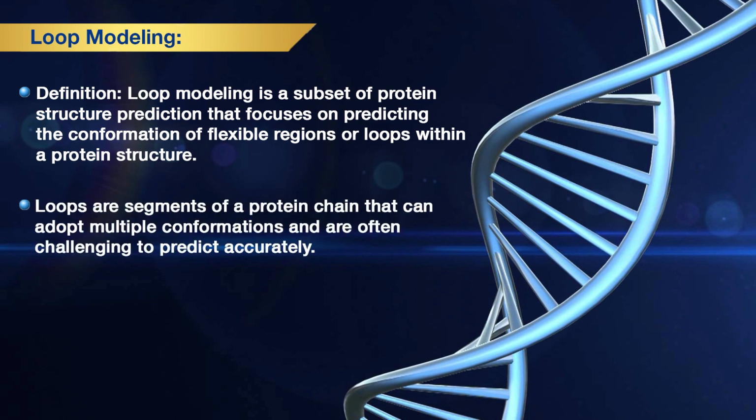Loops are segments of a protein chain that can adopt multiple conformations and are often challenging to predict accurately. That's what it is: a flexible area which needs to be predicted accurately.